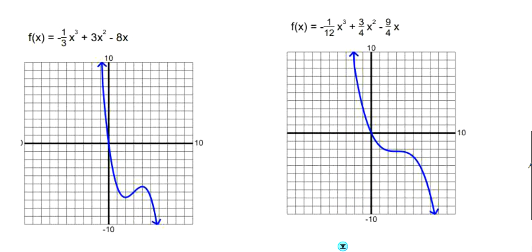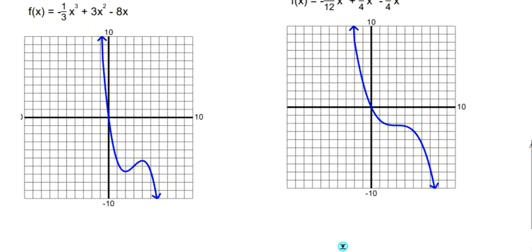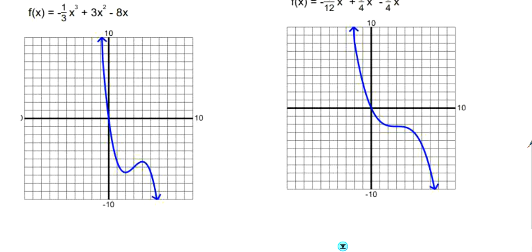All right. Here we have this cubic. Start with our maximums and minimums again. That's where my zeros are, here and here. These translate to the zeros of my derivative.